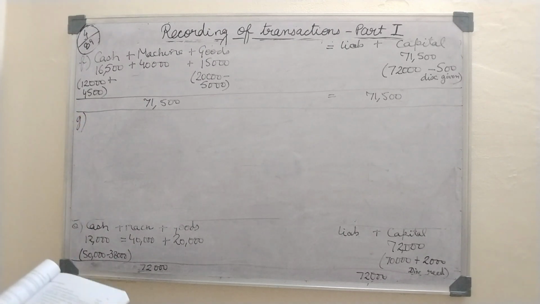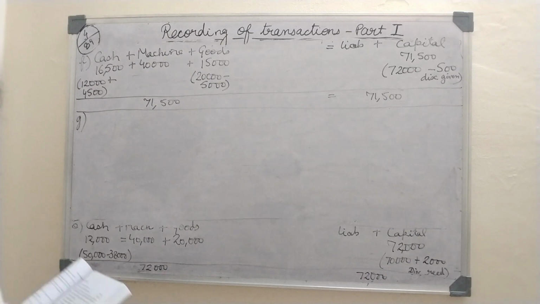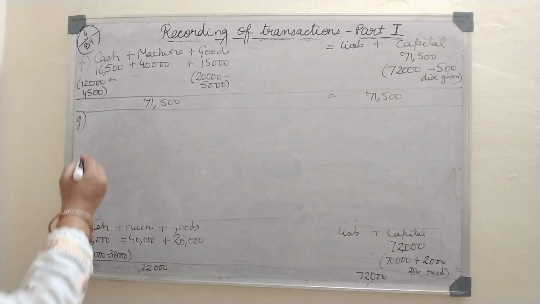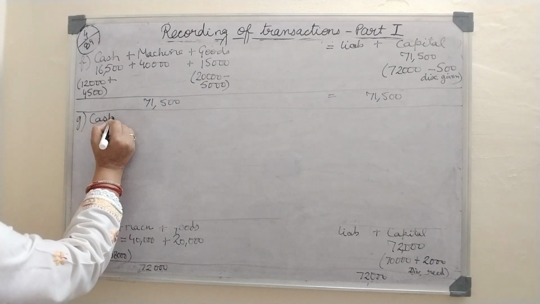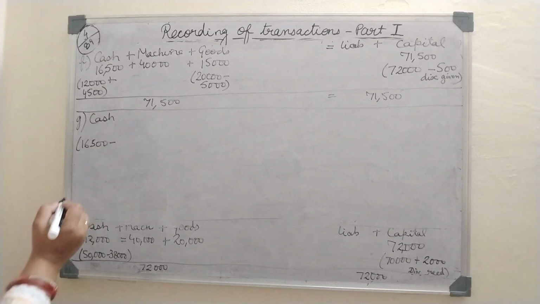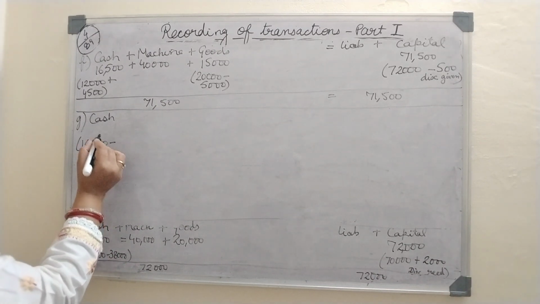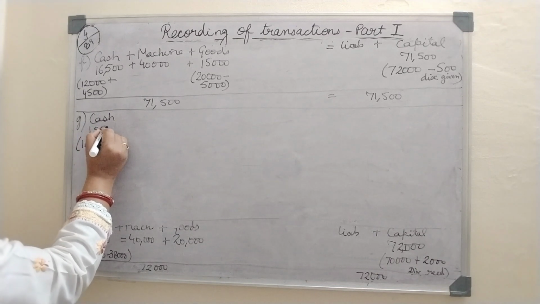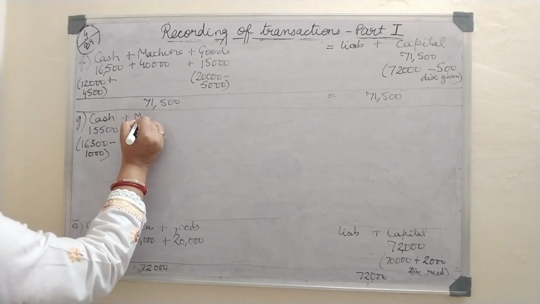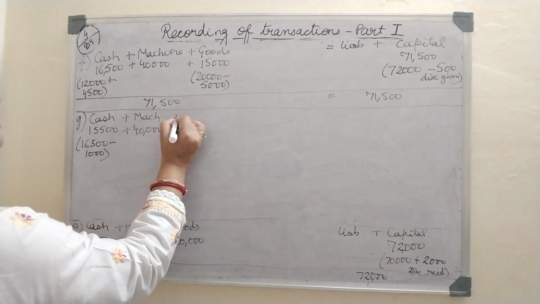Now we come to G part. It is paid rent. So when rent is paid, it goes out of cash and capital. So cash is how much? 16500 minus rent of 1000 comes to 15500. Machine again remains the same. I am writing the short forms now.